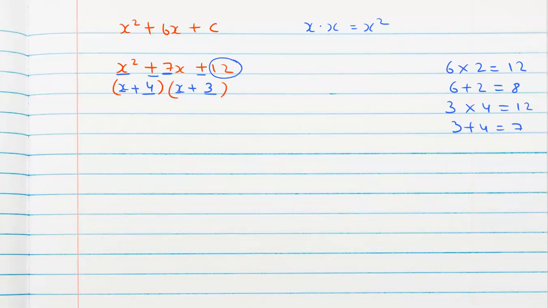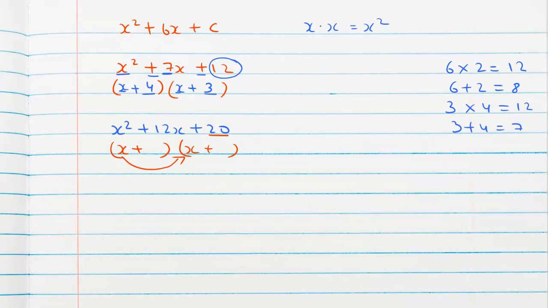Let's take a look at one more example. We have x squared plus 12x plus 20. Again, we know the answer will be in the form of x plus something times x plus something, because everything is positive and x times x is x squared. So we'll take a look at the last number, 20.